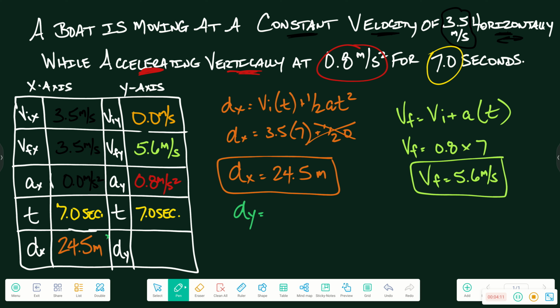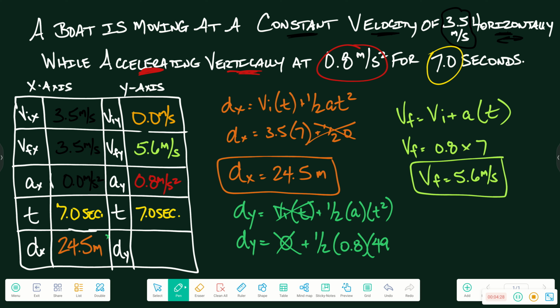So dy equals vi times t plus 1/2 of at squared. dy equals, this is going to be 0, so that cancels, plus 1/2 of 0.8 times 49, because 7 squared is 49. 49 times 0.8 is 39.2, and one-half of 39.2 is dy equals 19.6 meters.